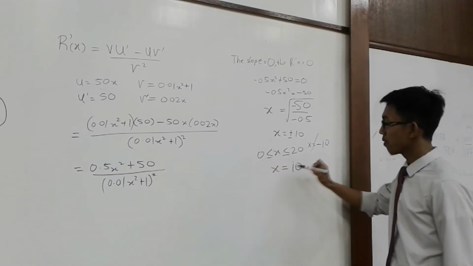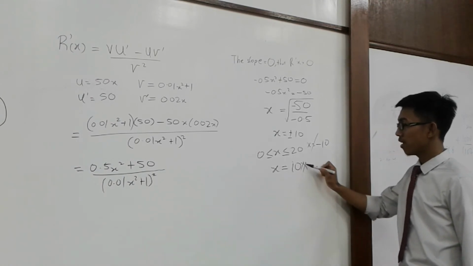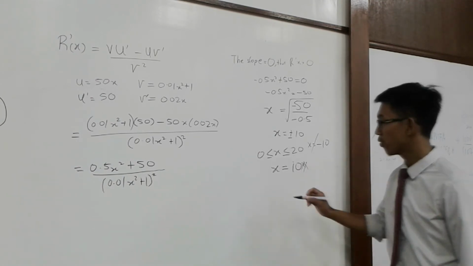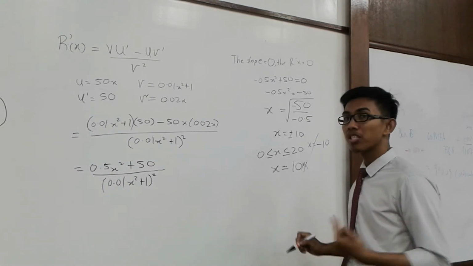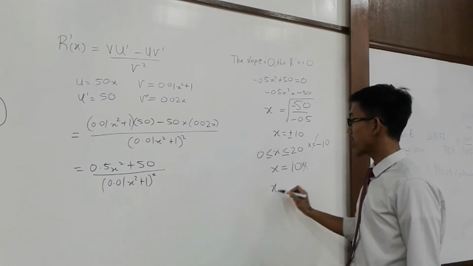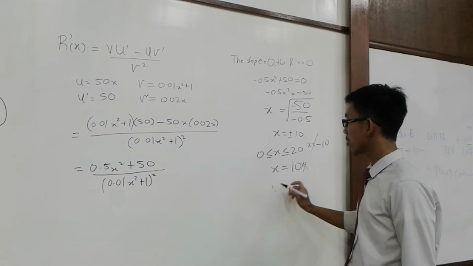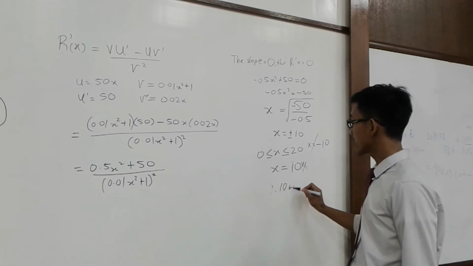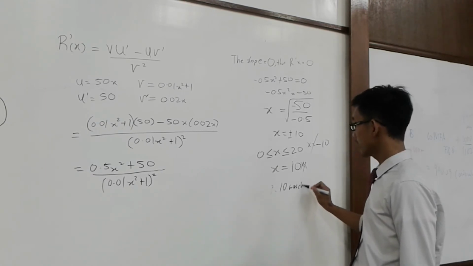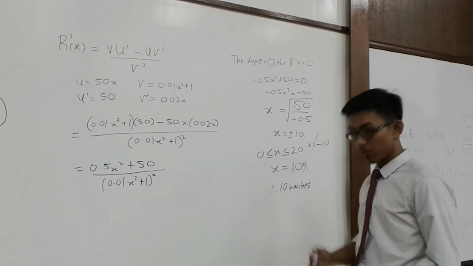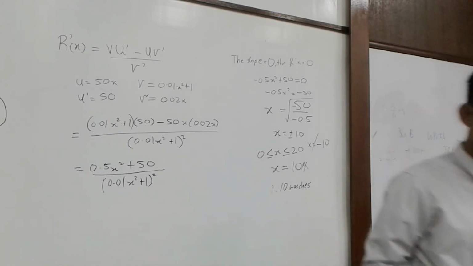So we take x equal to 10 as the answer. So to yield the maximum revenue, we must produce 10 watches.